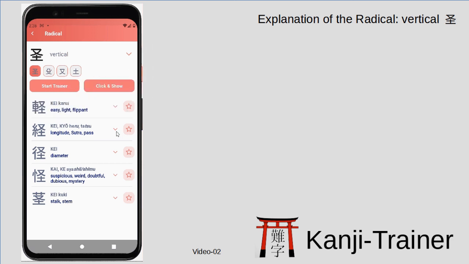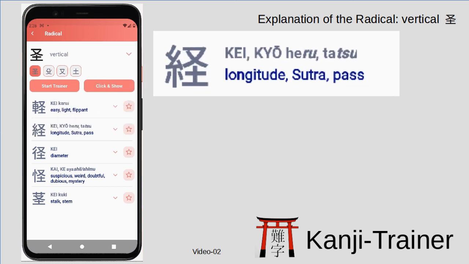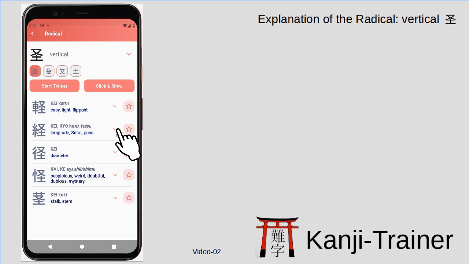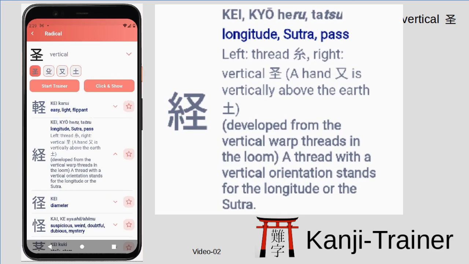The second entry has the pronunciation kei, kyo or heru and stands for longitude, to pass or the sutra. Here we have a small arrow downward, and when I press on it I get more information. It is told to me that this kanji is composed of the radical for thread and the radical for vertical.